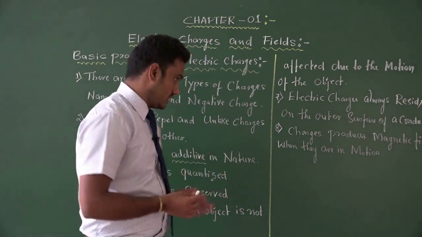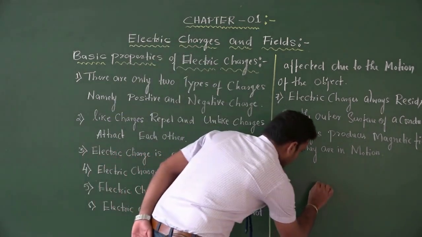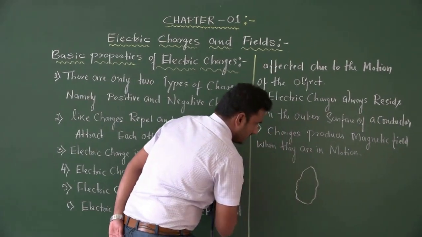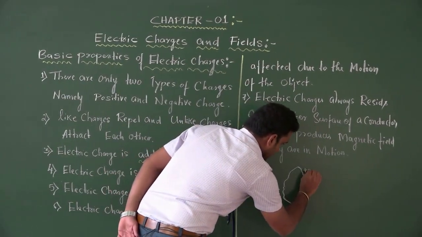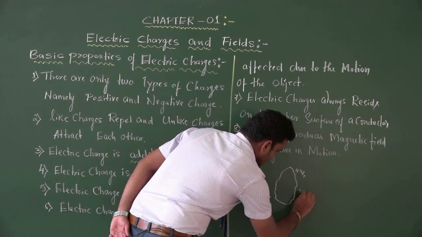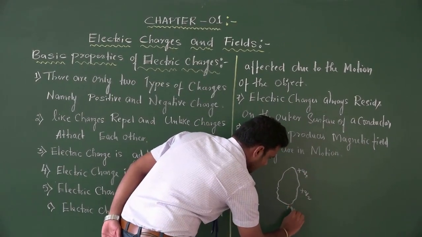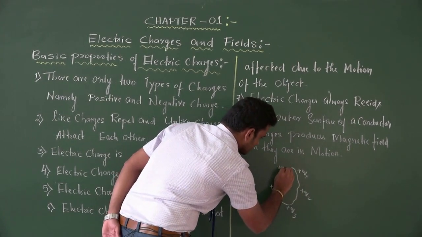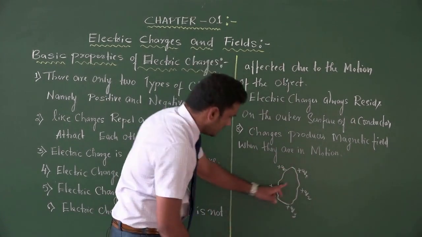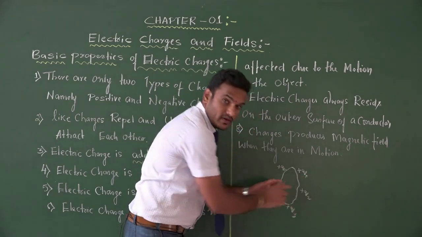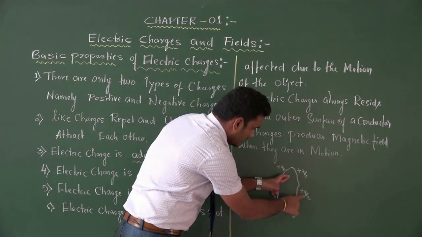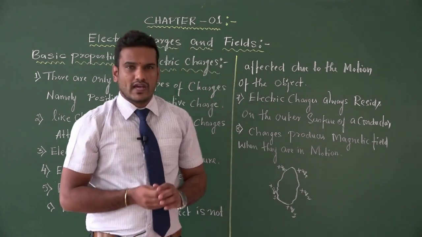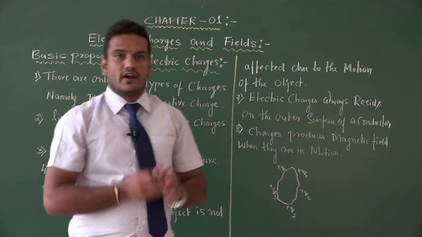I'll explain through the diagram. Now I consider an object. Look at the object. Here we have many electric charges, Q1, Q2, Q3, Q4, up to Qn. But we need to calculate the total charge on the object.